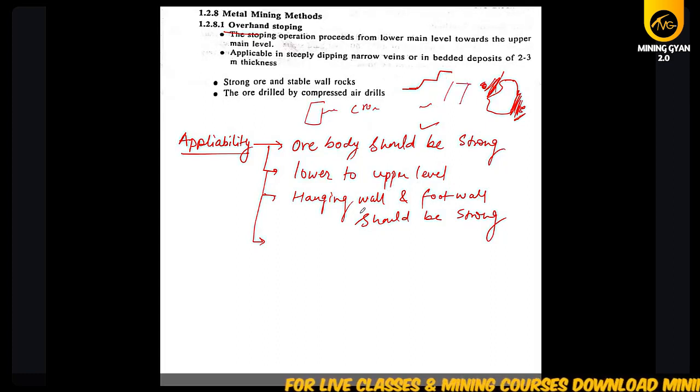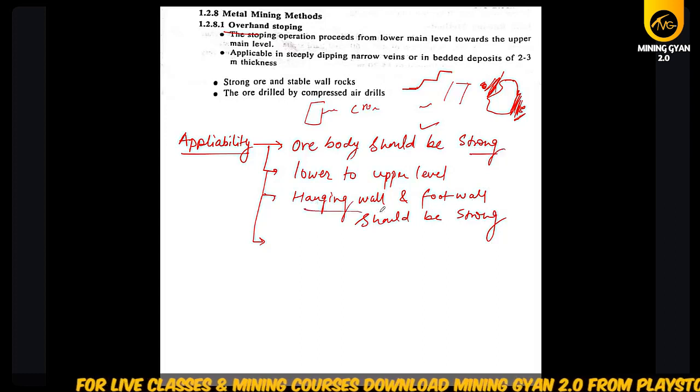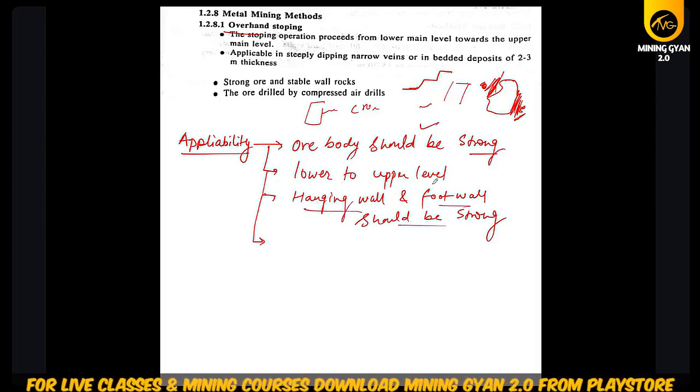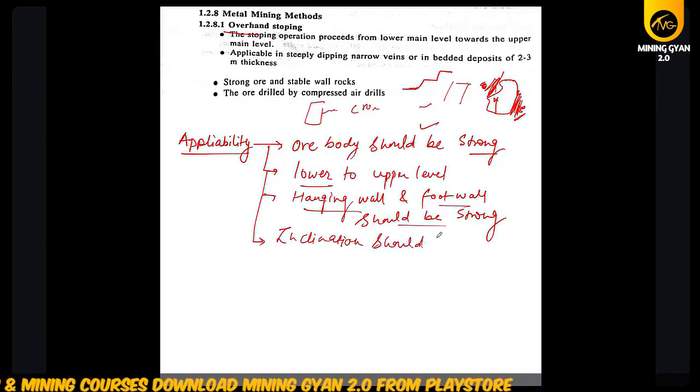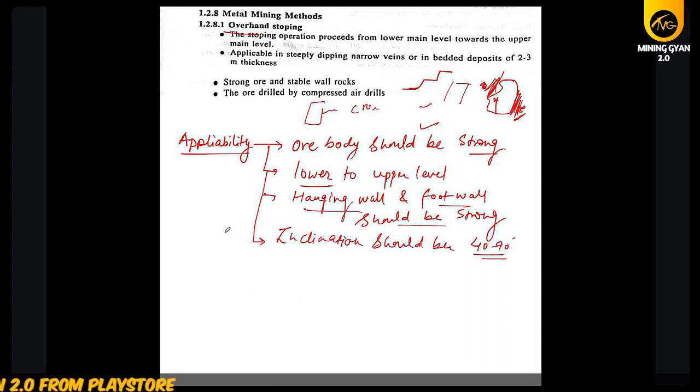So the ore body should be strong, and the hanging wall and foot wall should be strong, and we will go from lower to top. And in this, the inclination should be 40 to 90 degrees. The ore body should be steep.